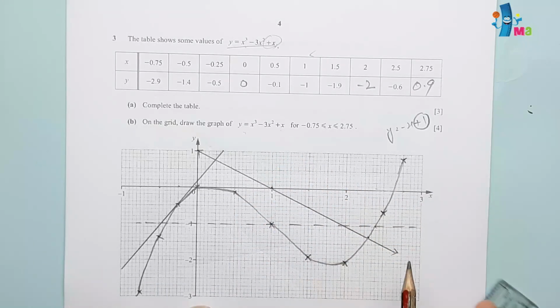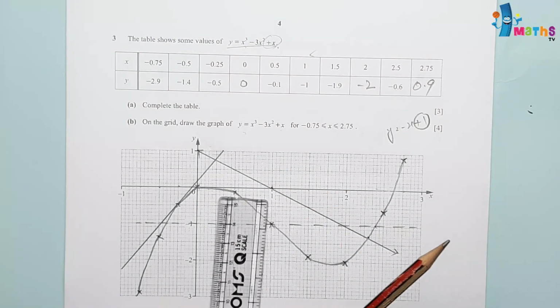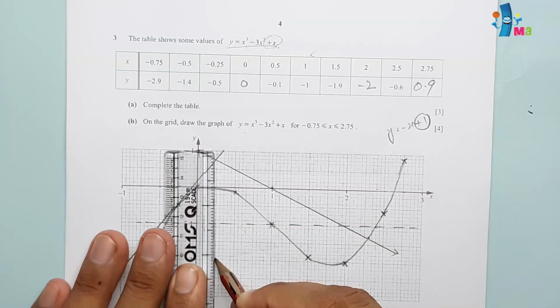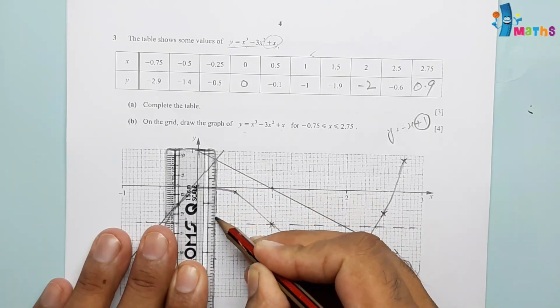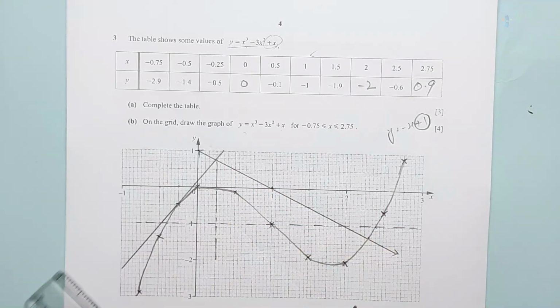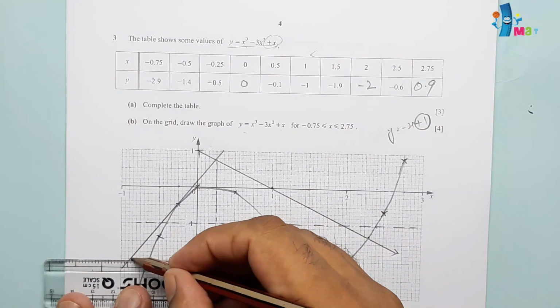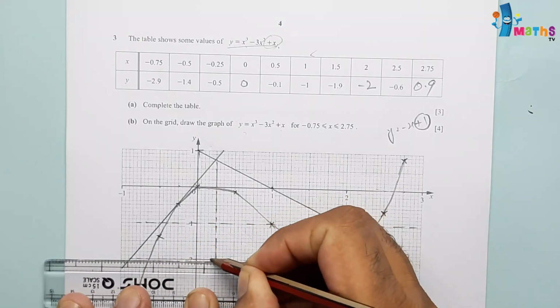If we form a triangle, we can form a triangle like this one from this point to this one. So we will check for this triangle.